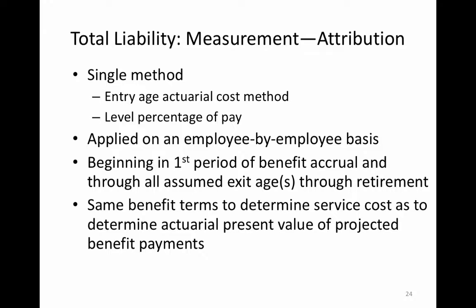The new standards remove all of that variability. So every government will use what is called entry age, applied as a level percentage of pay. And to the extent that there was some undermining of the comparability of pension and OPEB measurements in the past as a result of that, that should go away because all governments are now using exactly the same method.